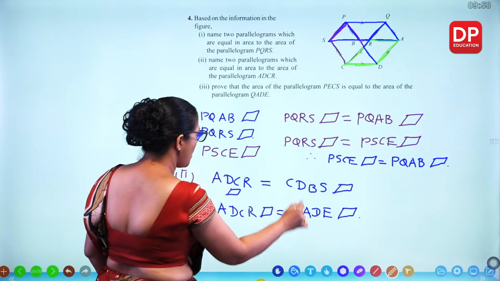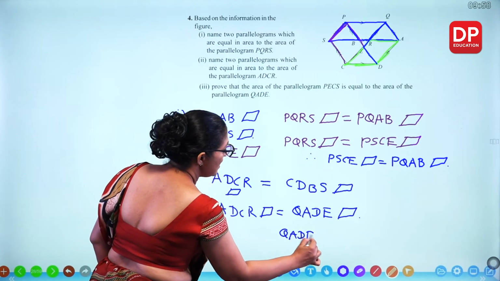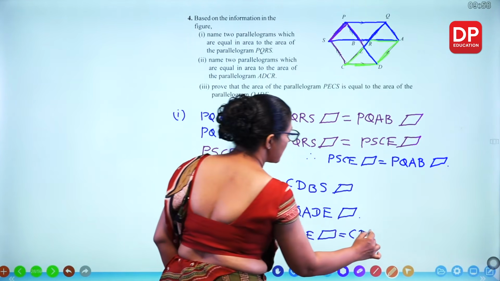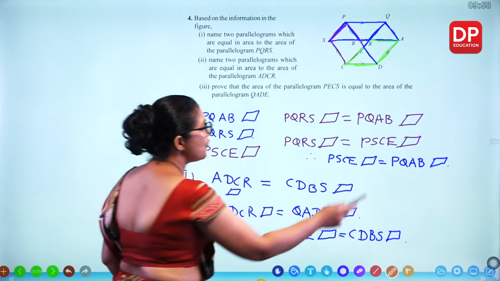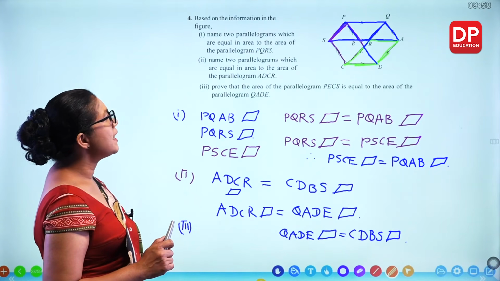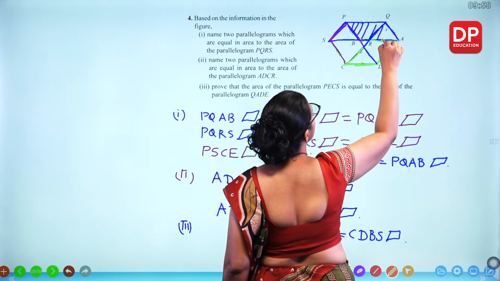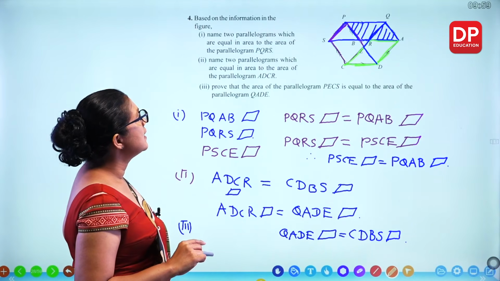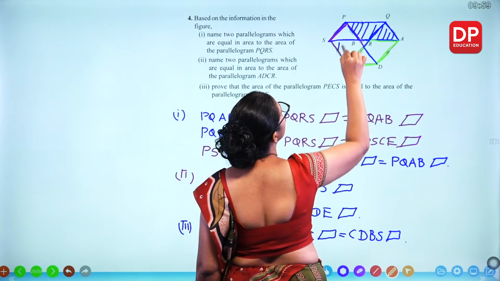And from this one we can say QADE parallelogram is same as CDBS. What can you say about these two? PQAB. Where's PQAB? PQAB is this one. And where is CDBS? CDBS, this one.